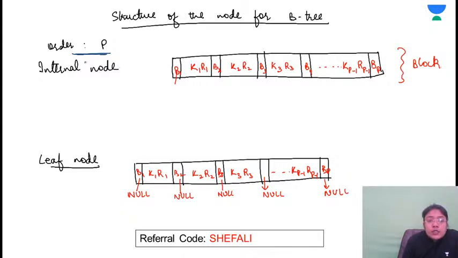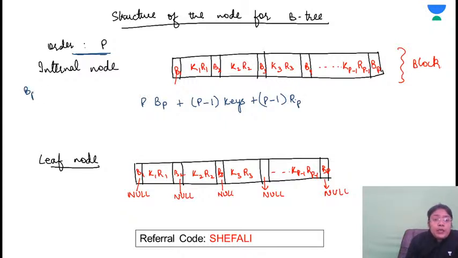Now look at the structure of the internal node. How many block pointers are there? P block pointers. Number of keys? P minus 1 keys. Plus, what else is present in this node? In this block, there are P minus 1 record pointers.